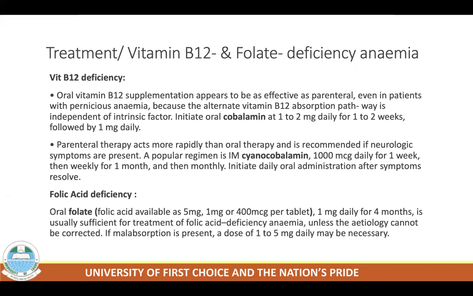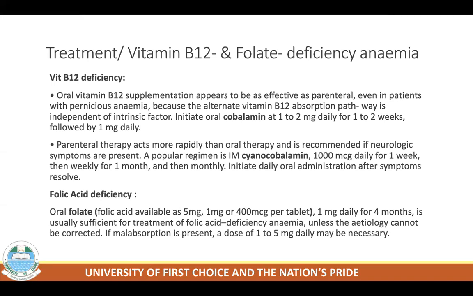For patients with folic acid deficiency, oral folic acid, even though it's available as 5 milligrams, 1 milligram, or 400 micrograms, most patients do not require more than 400 micrograms daily. It's only for people who are trying for a baby that it's recommended to use folic acid at up to 800 micrograms per day.